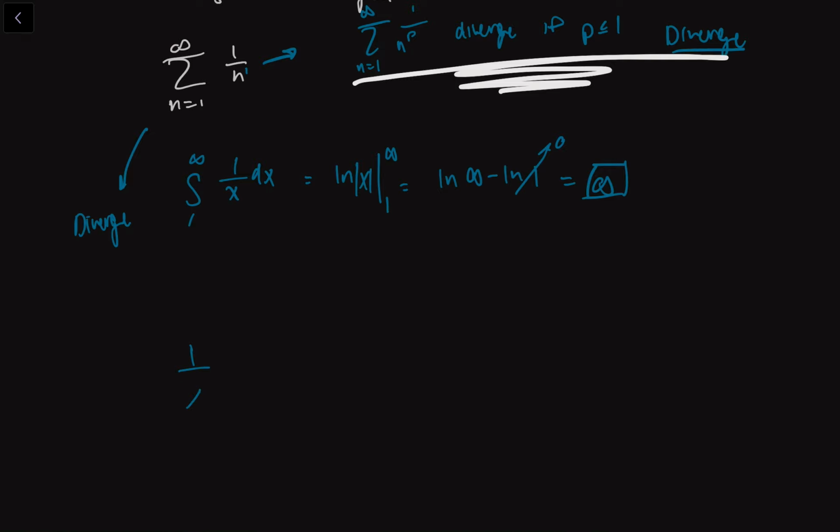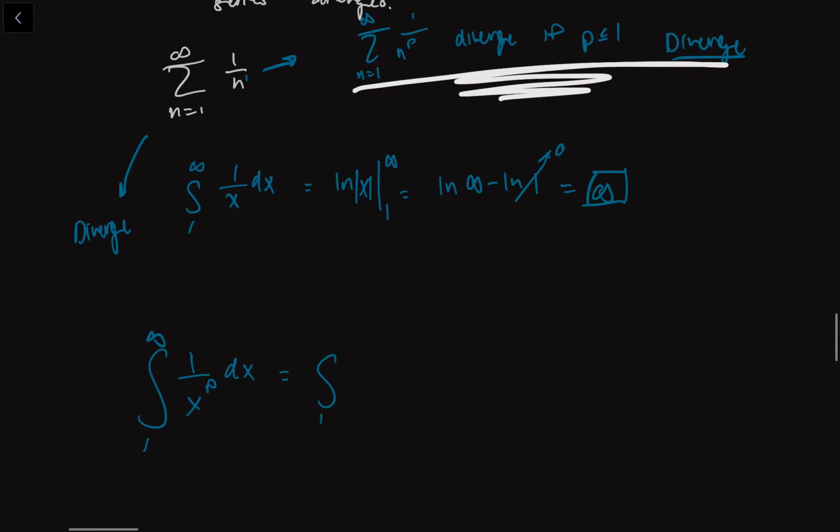So if we do the integral of 1 over x to the p dx, what could we say that is? Isn't that x to the negative p? And how do we integrate x to an exponent? Don't we just add 1 to the exponent and divide by that new number?